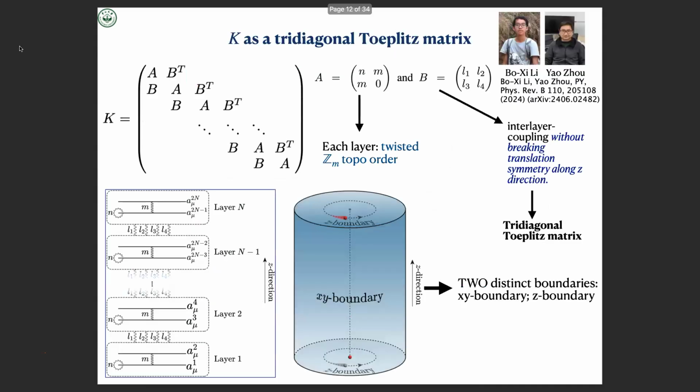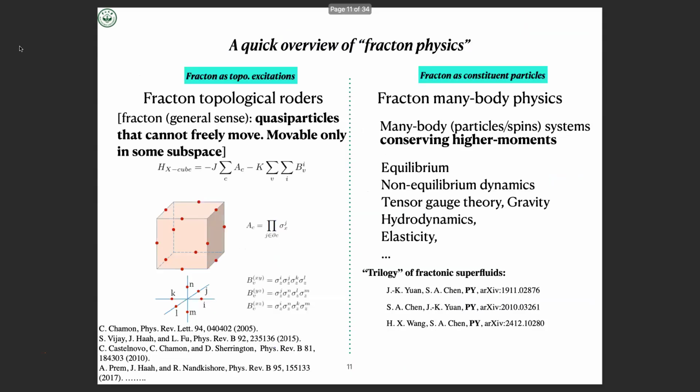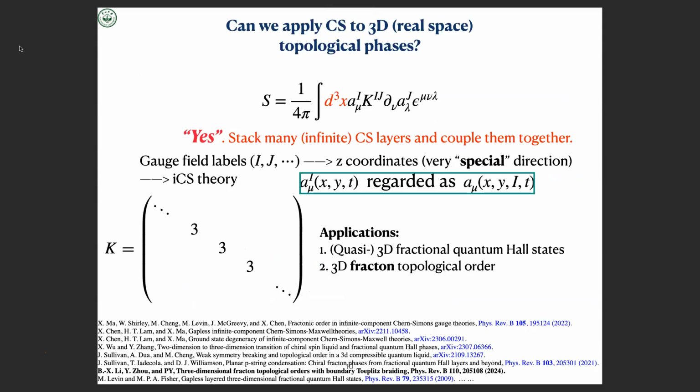Okay, so let's go back to our idea of regarding this K-matrix Chern-Simons theory as a 3+1D TQFT. Here we consider a more general K matrix rather than this K. This K is too simple, right?